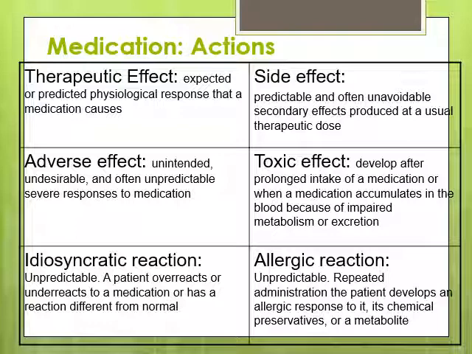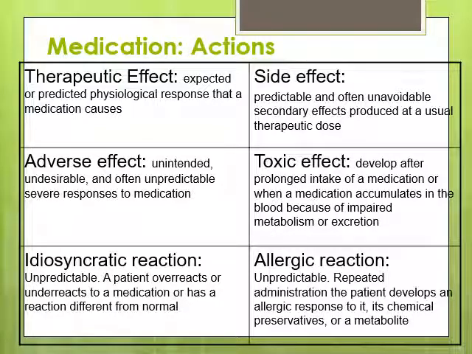The toxic effect is the effect that develops after prolonged intake of a medication or when a medication accumulates in the blood because of impaired metabolism or excretion. And the idiosyncratic reaction is the unpredictable effect. The patient overreacts or underreacts to a medication or has a reaction different from normal.